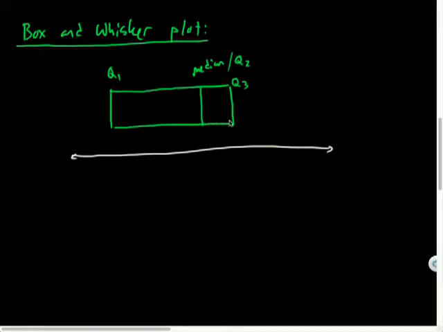Now you're probably wondering, what about the whiskers? The first whisker is represented by the lowest value, and the top whisker is typically represented by the highest value. Technically, sometimes those can be different if there's this concept of an outlier.